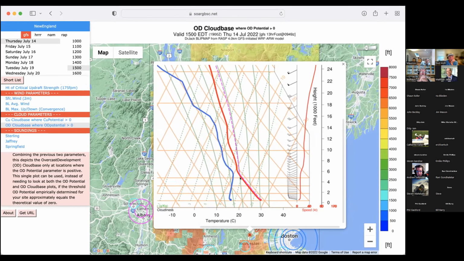I've also seen some other discussions saying that the thermal strength is often predictable by how tall the thermals are. So if I've got a 5,000 foot thermal, then it's probably going to have very strong lift up to about 5,000 feet. If I've got a day which only has 3,000 foot thermals, then the thermals are going to be weak in terms of what the rate of climb is going to be.